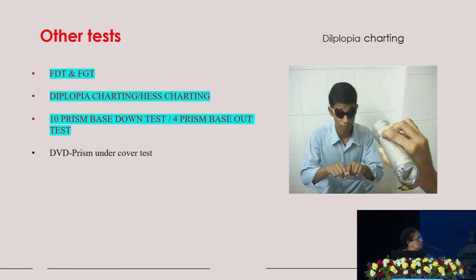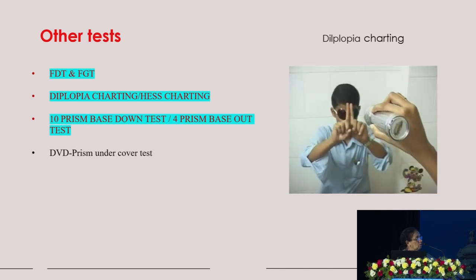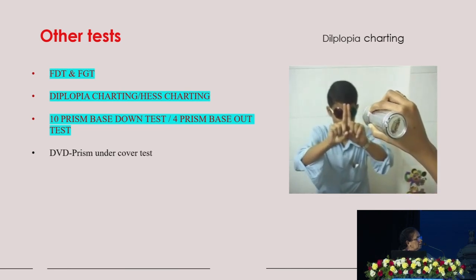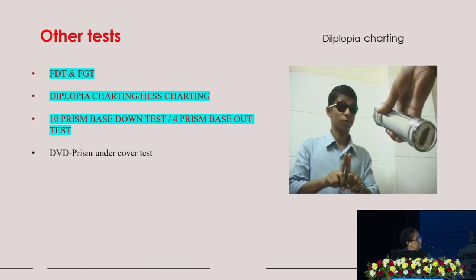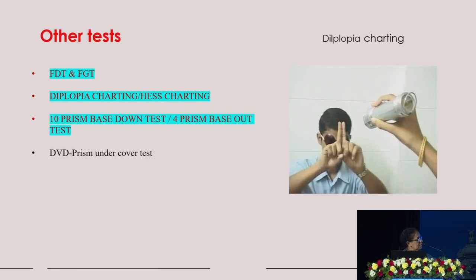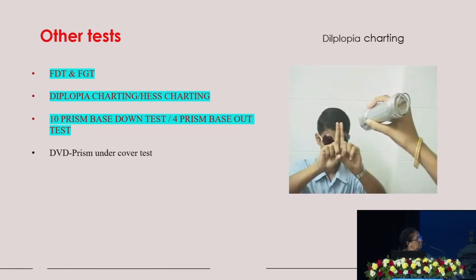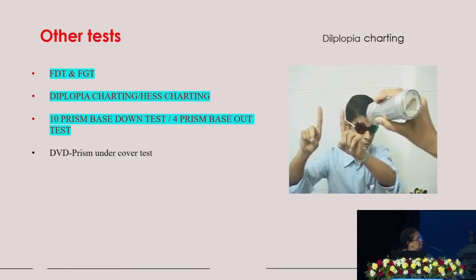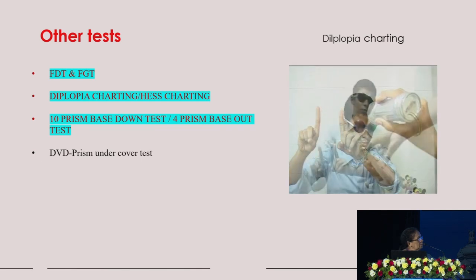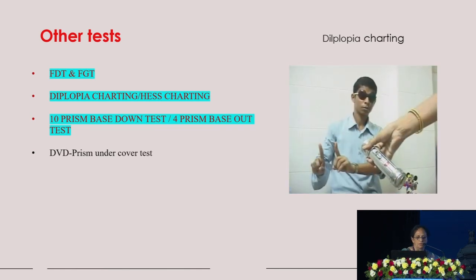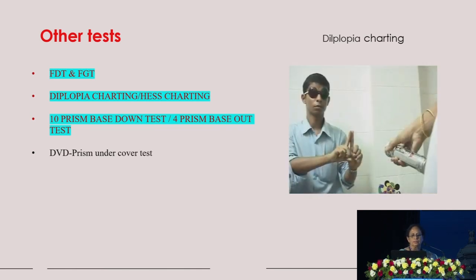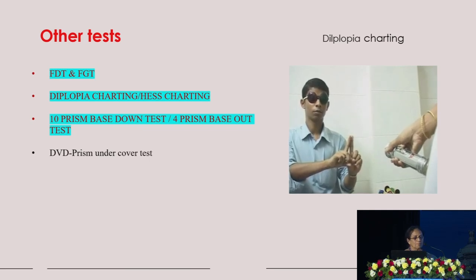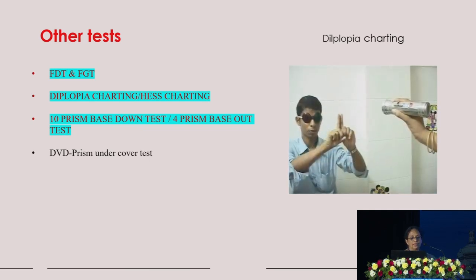You shine the torchlight in all different directions, all the 9 cardinal positions, and ask the patient whether the two images are seen close together or widely separated. And then depending on the patient's response, you can see here the patient is seeing double in that side. That's a horizontal muscle palsy. Then you record it. And then other important tests, I'm rushing through this because of time problems.